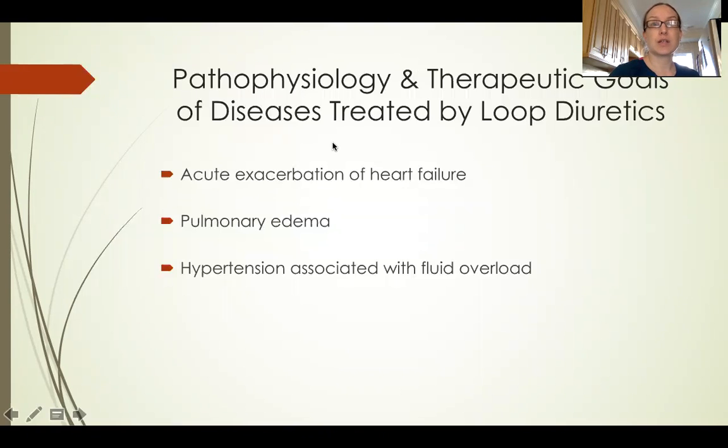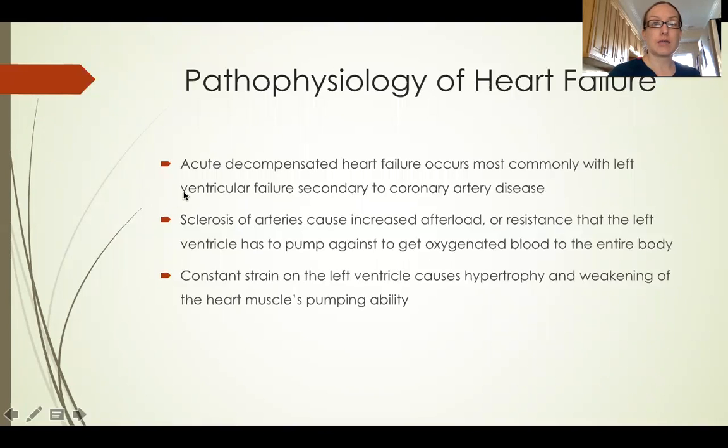Physiology and therapeutic uses of diseases treated by loop diuretics. Diuretics are used in acute exacerbation of heart failure, pulmonary edema, and hypertension associated with fluid overload. Some pathophysiology of the heart: acute decompensated heart failure occurs most commonly with left ventricular failure, secondary to coronary artery disease.